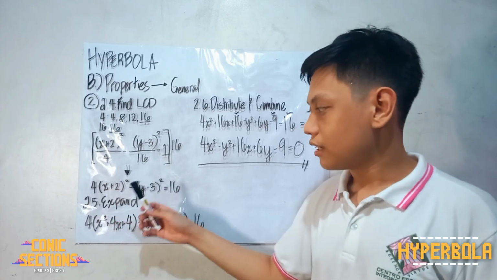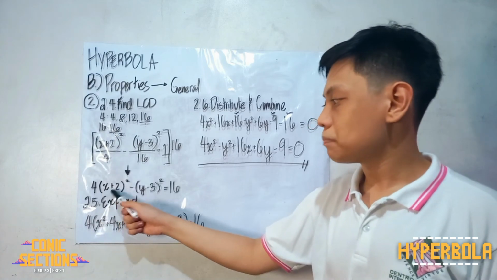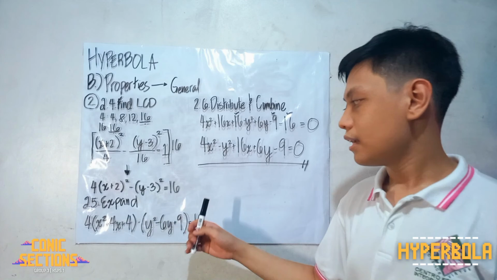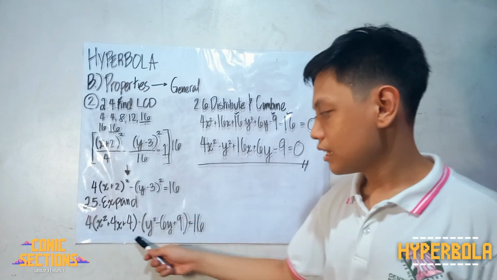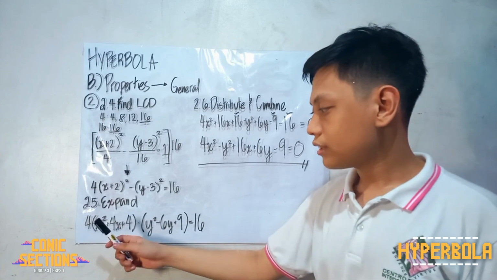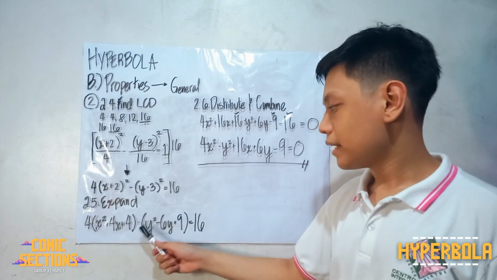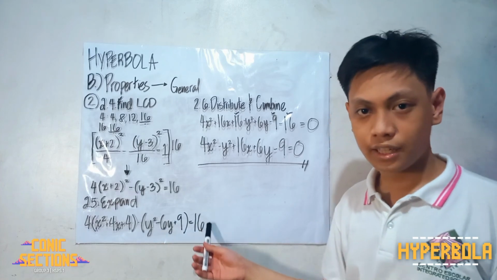Using the FOIL method or other methods that you know of, you need to expand these terms before you can distribute 4 and negative. So when we expand the terms, we are left with this equation. We have 4 times x squared plus 4x plus 4 minus y squared minus 6y plus 9 equals 16.